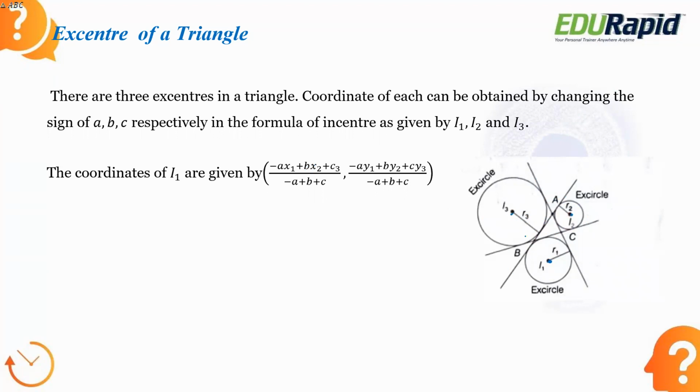Here, if you're supposed to find I1, you just change the first sign: (minus a x1 plus b x2 plus c x3) by (minus a plus b plus c), comma, (minus a y1 plus b y2 plus c y3) by (minus a plus b plus c). Okay, that is the formula.